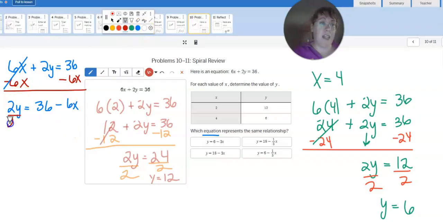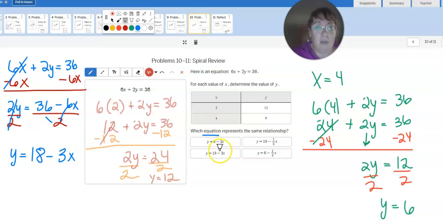And then we divide everything by 2. So we get y equals 36 divided by 2 is 18, and 6x divided by 2 is 3x. So we have y equals 18 minus 3x.